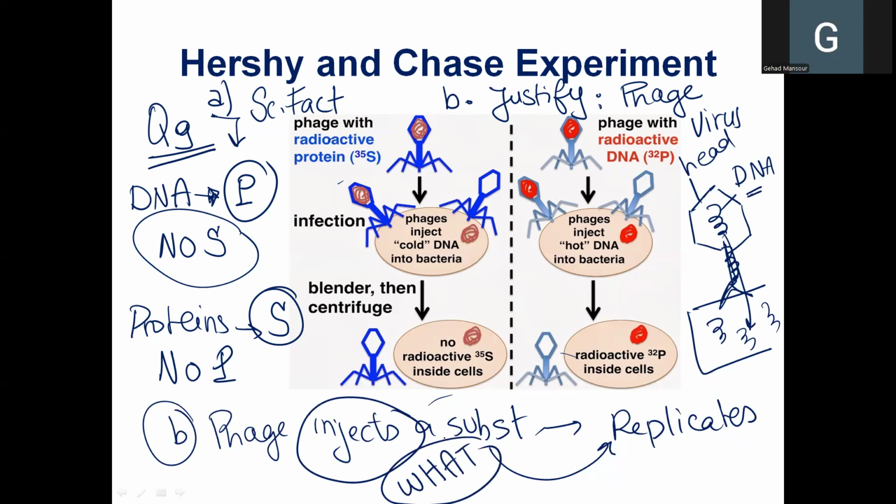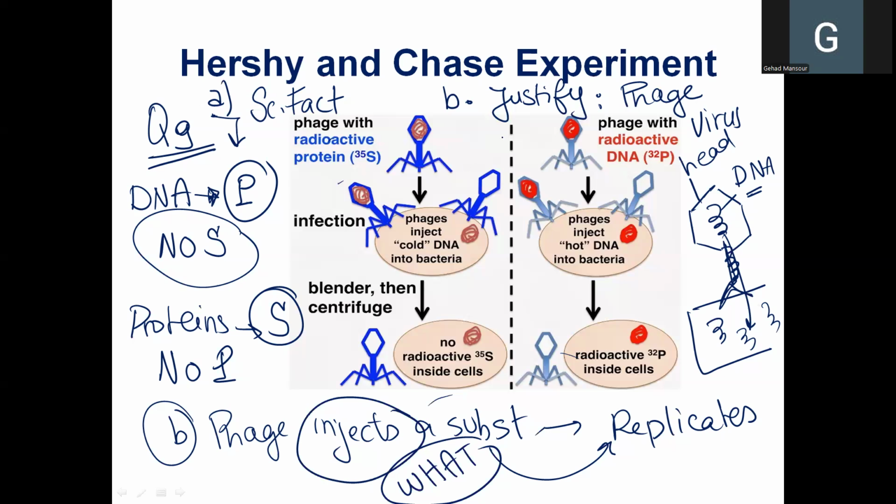Again, they knew that any substance injected by the phage inside the bacterium would be the genetic material, because it helps the phage multiply. So if this substance is identified, then we can identify the genetic material. So their question was, what substance was injected?